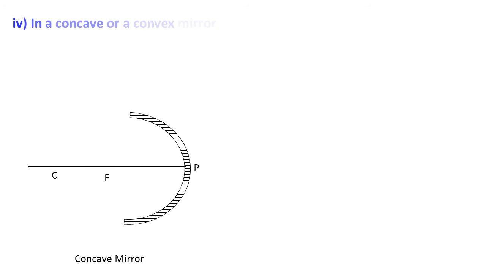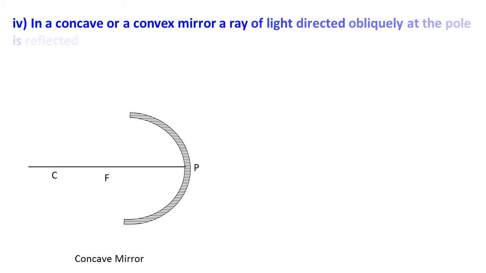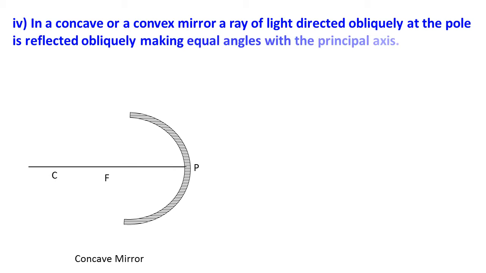Fourth point, in a concave or a convex mirror, a ray of light directed obliquely at the pole is reflected obliquely, making equal angle with the principal axis.